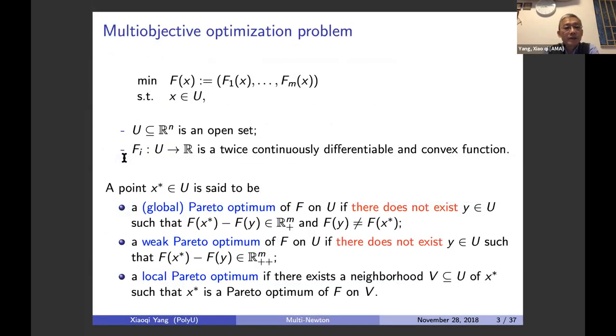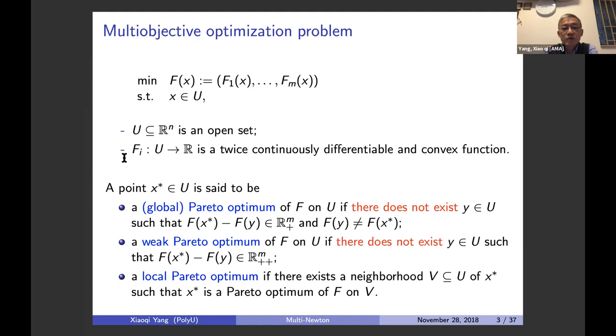This is the problem we're going to study. It is a multi-objective optimization problem, so we have M objectives. The set U here is an open set. That means this problem is basically an unconstrained problem, with no constraint.